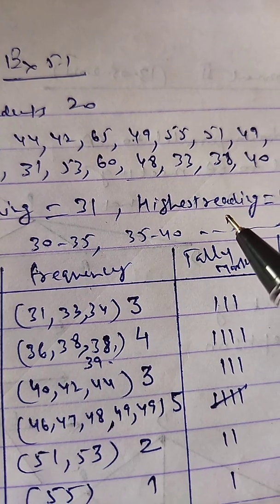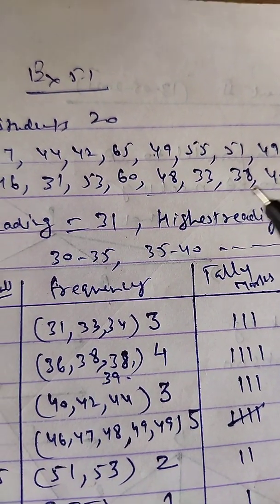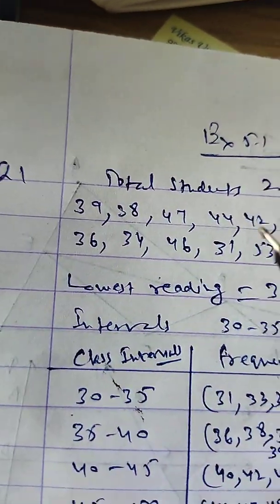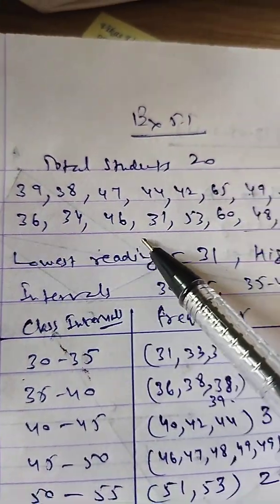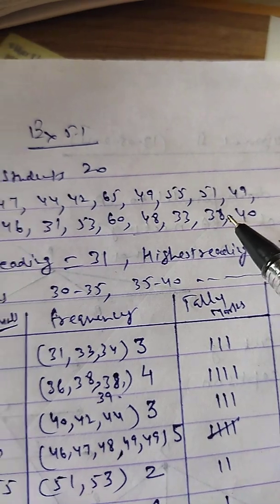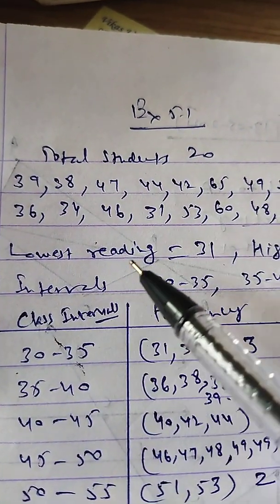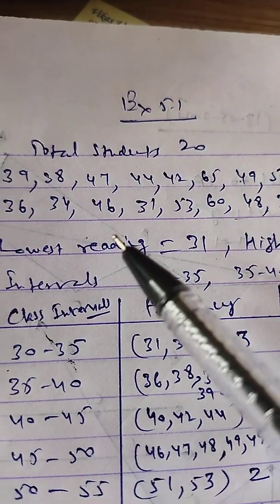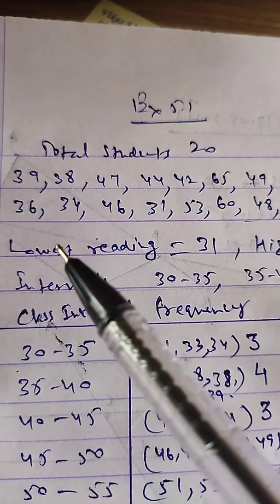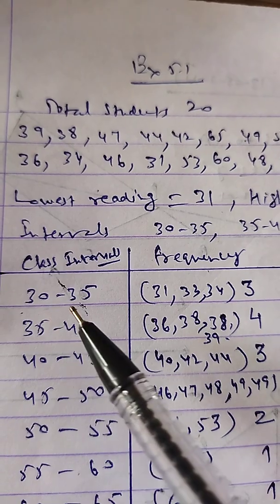It is also mentioned that there are 20 students. So these are the marks of 20 students given to you. You can go through your questions and write those marks nicely. Do not miss any of the readings, and then go through the class intervals very carefully.